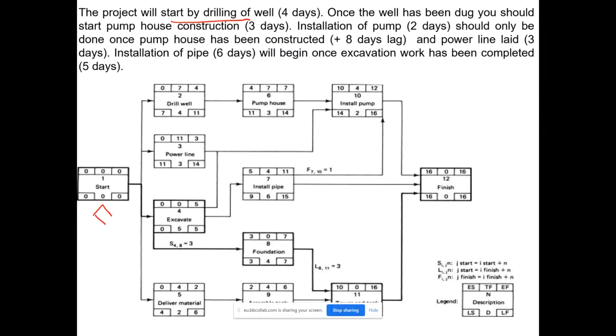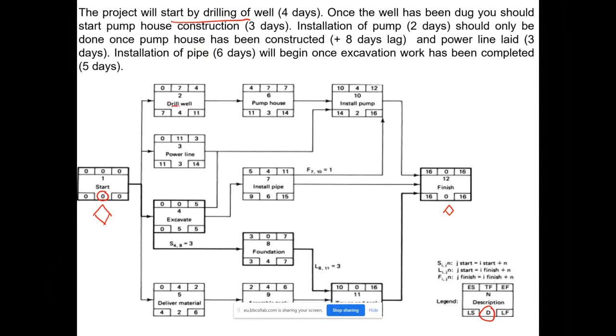So very often if you are using a software, it uses a diamond symbol to indicate a milestone activity. And here you could see the symbols, and the duration of a milestone activity is 0. So this is just a milestone activity. It doesn't signify anything. Then if we read the description, after starting of the project, it will start by drilling of well.